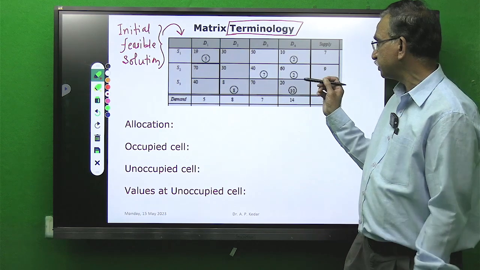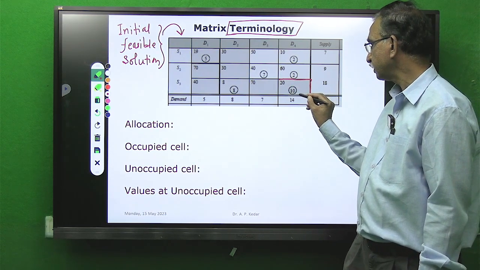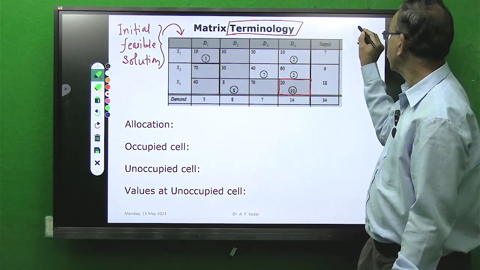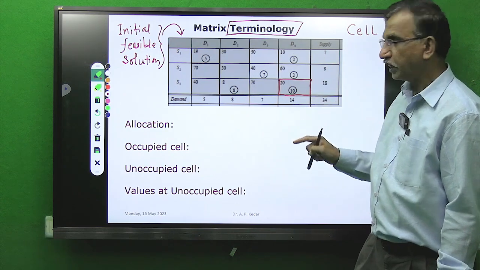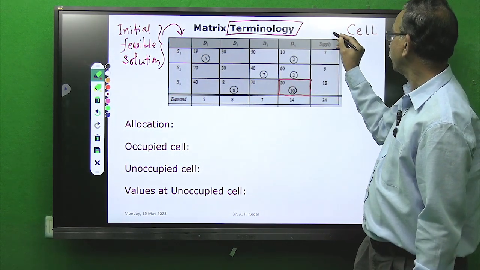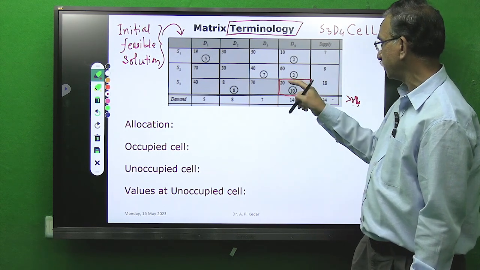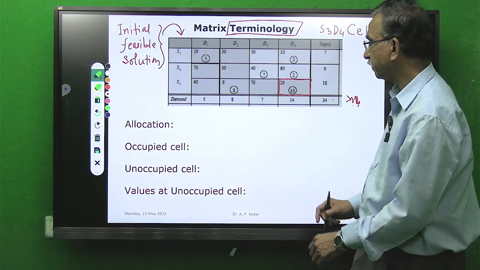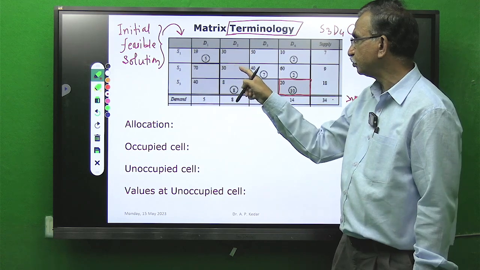Suppose I am talking of this particular cell, I am marking this. This is a cell of this matrix, and this cell is nothing but S3D4, the cell which I have marked. Like if I point here, this will be cell S2D2.